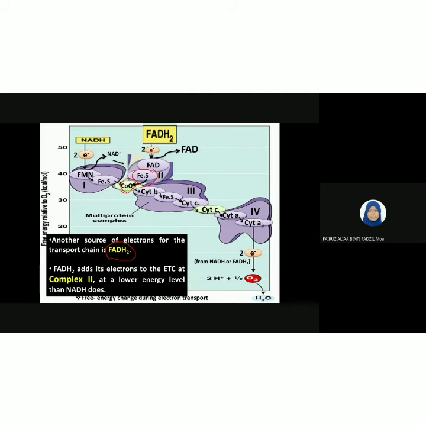Okay, so that's why NADH, remember, passes electrons at complex 1, while FADH2 passes electrons at a lower energy level at complex 2.